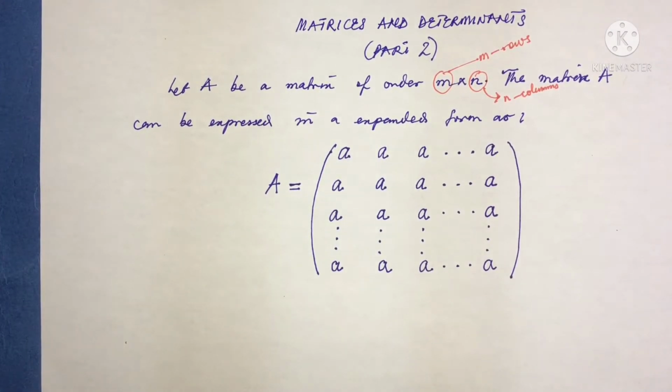Now, what am I trying to do? I'm trying to give a general representation of a matrix of order m by n, where we don't know in particular what m stands for or what n stands for. We just know that there are m rows and n columns.